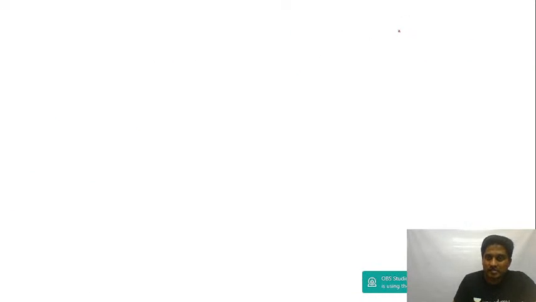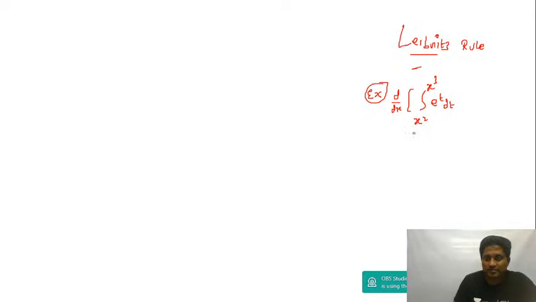So what is Leibniz rule, guys? Differentiation of a definite integral. For example, if I want to differentiate the integral from x square to x cube of e to the power of t dt, something like this, differentiate the upper limit, you get 3x square, and in place of t you put the upper limit.